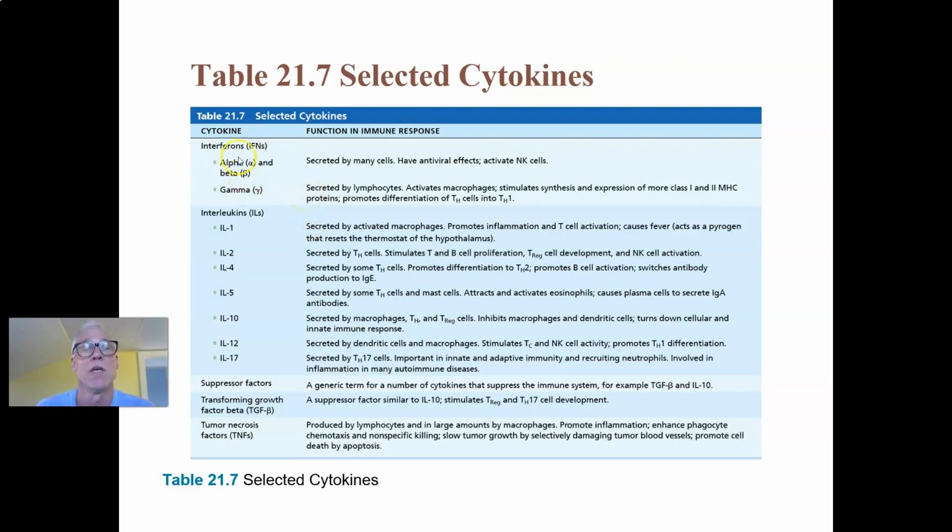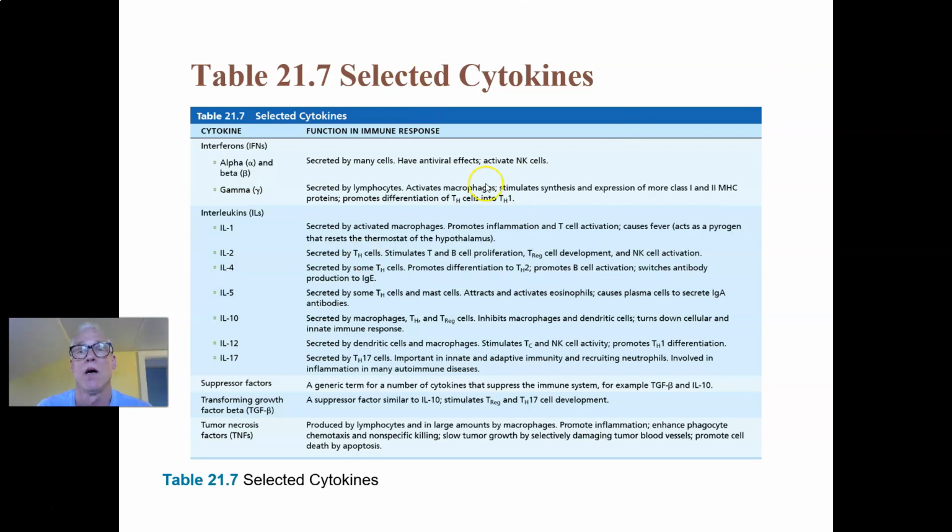It reviews some things. Alpha and beta interferons are the so-called type 1 interferons we talked about, by which a virally infected cell could talk to its neighbor, warn its neighbor to block it from replicating a virus and slow or stop a viral infection from spreading. Gamma interferon we talked about is a cytokine that is released by macrophages that will rev up the whole immune response.